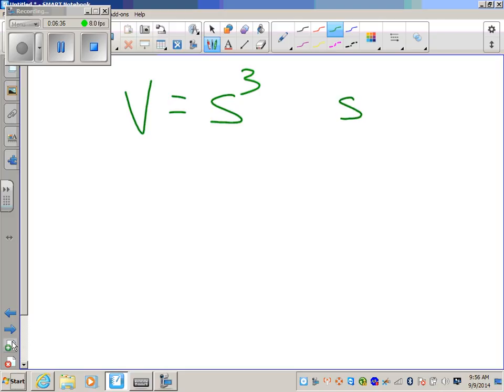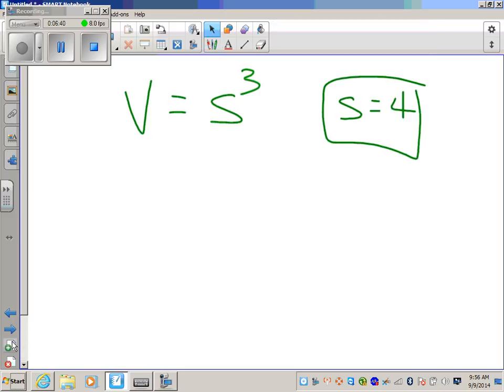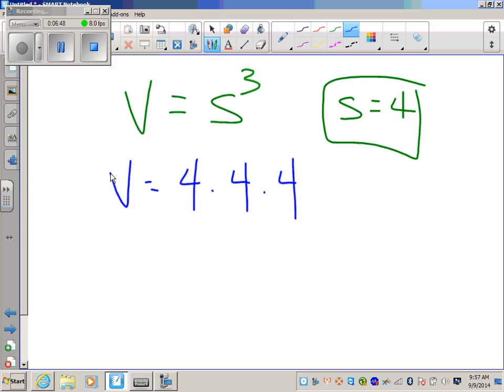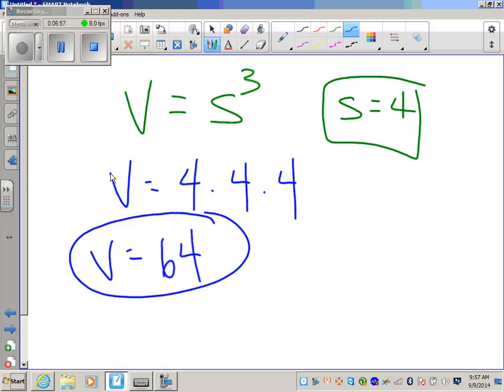And let's say that S is equal to 4. Find V. Okay, so volume is equal to S cubed, which we said was 4 times 4 times 4. And Joe, what do we get? Your volume is equal to 64. Yes, and if there were units, I would cube them. Okay? If they don't give you any units, don't worry about labeling. If they do, then we label.